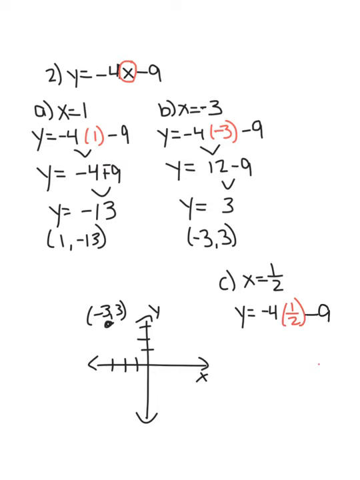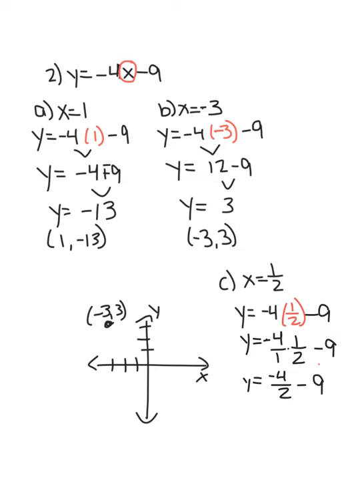I'm going to rewrite this problem with my -4 over 1 times 1/2 minus 9, right? To make that a fraction, a whole number times a fraction might be a little bit easier, because then I have y equals -4 divided by 2 minus 9, because -4 times 1 is -4, 1 times 2 is 2. Now I can do the division, right?